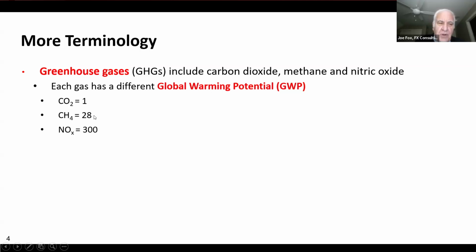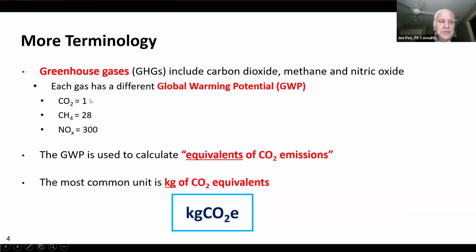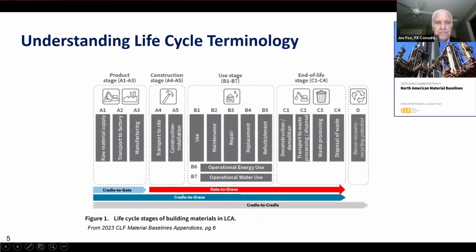So, for example, methane is actually 28 times worse than carbon dioxide. What you do is to use these GWPs to calculate what are called equivalents of CO2 emissions. And the most common unit you'll see is kilograms of CO2 equivalents. And you will see this acronym, kilograms of CO2e. You'll see that repeatedly during my presentation.